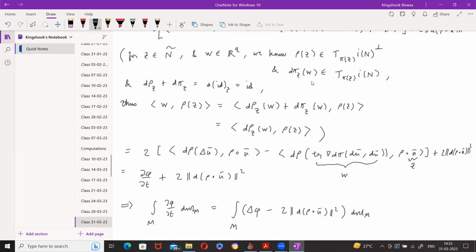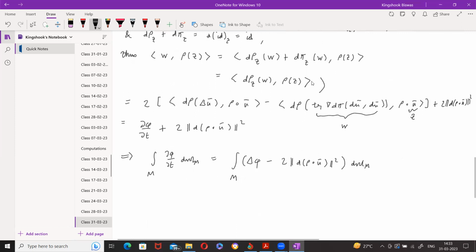And as we've seen many times before in the course, the integral of the Laplacian of a function over a closed manifold gives what? Zero, because the boundary is empty. So by the divergence theorem, it is 0.